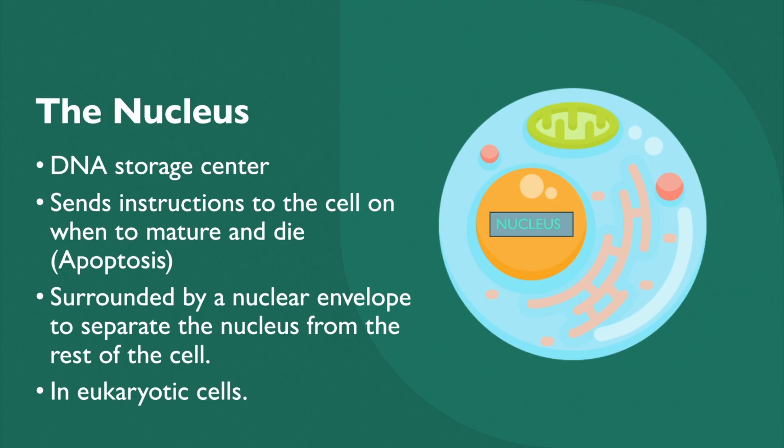The first organelle and the command center of the cell is the nucleus. The nucleus houses most of the important DNA code within the cell, which sends instructions to the cell to grow, mature, divide, and even its own death, also called apoptosis. It is surrounded by a nuclear envelope and membrane protecting it from the other parts of the cell.